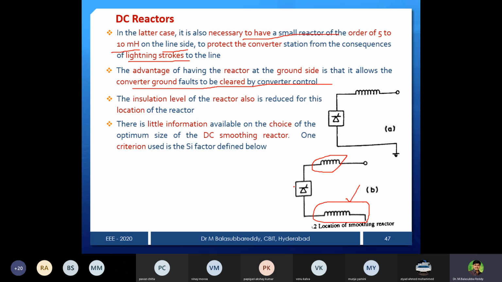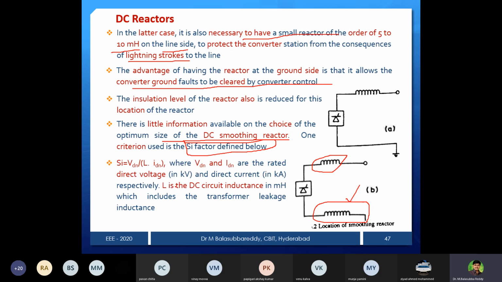There is little information available on the choice of the optimal sizing of the DC reactor. Based on this formula, you can decide the size of the reactor. There is an SI factor. The SI factor is the ratio between the rated direct voltage and the circuit inductance in millihenry times the direct current; in an HVDC system we use the direct current in kiloamperes.